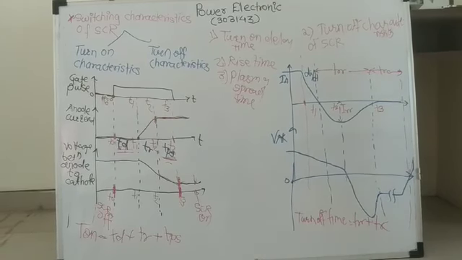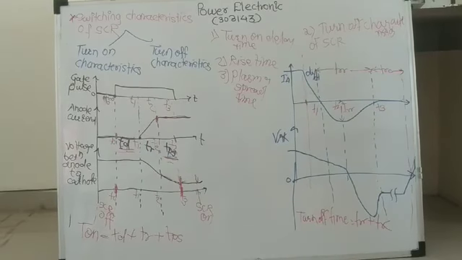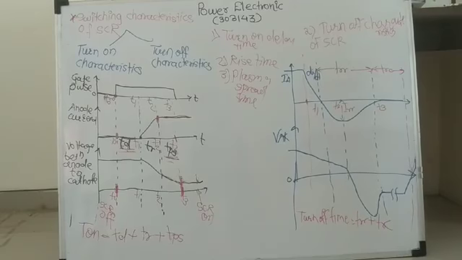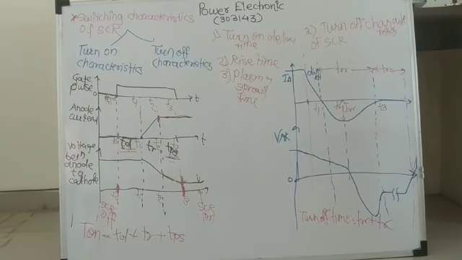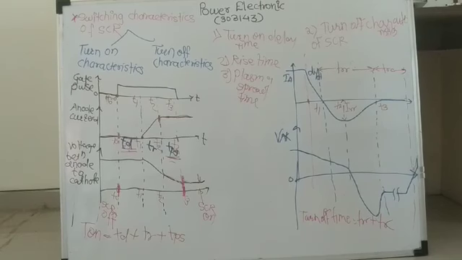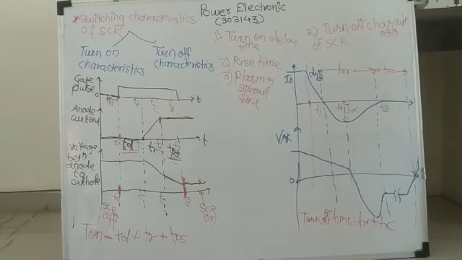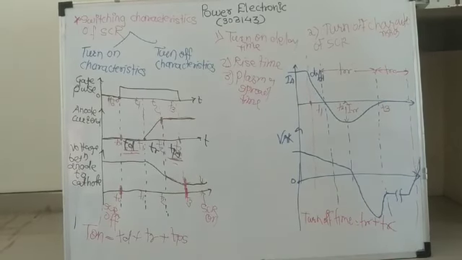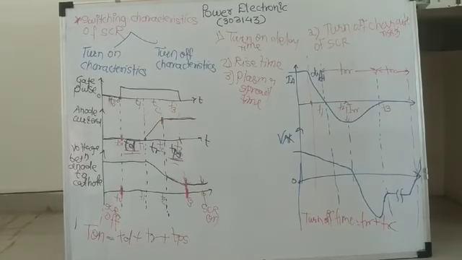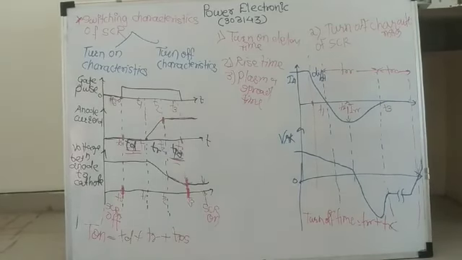That means for successful commutation or successful turn off of SCR, it is necessary to reverse bias the SCR for a period greater than or equal to TQ before applying the forward voltage. Because without that, it may be accidentally turned on. To avoid this, the turn off time, that is TQ, is the sum of reverse recovery time plus recombination time.